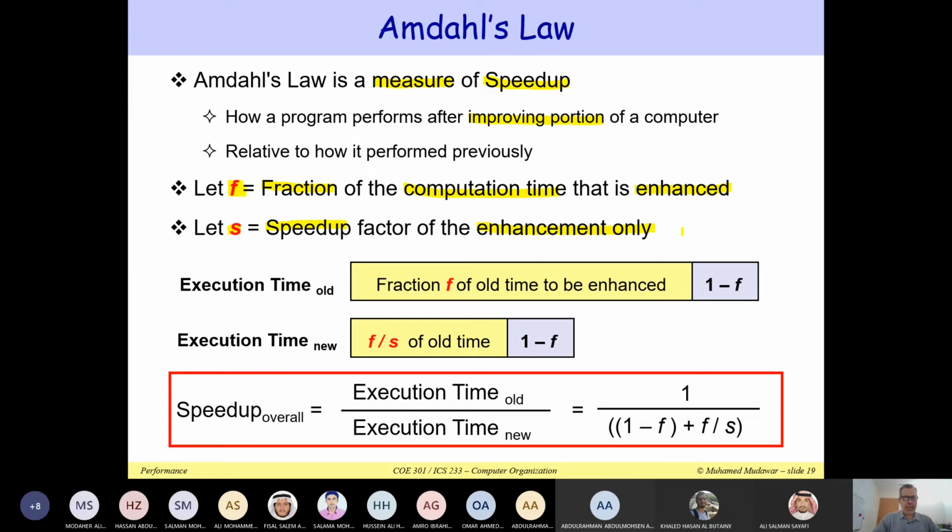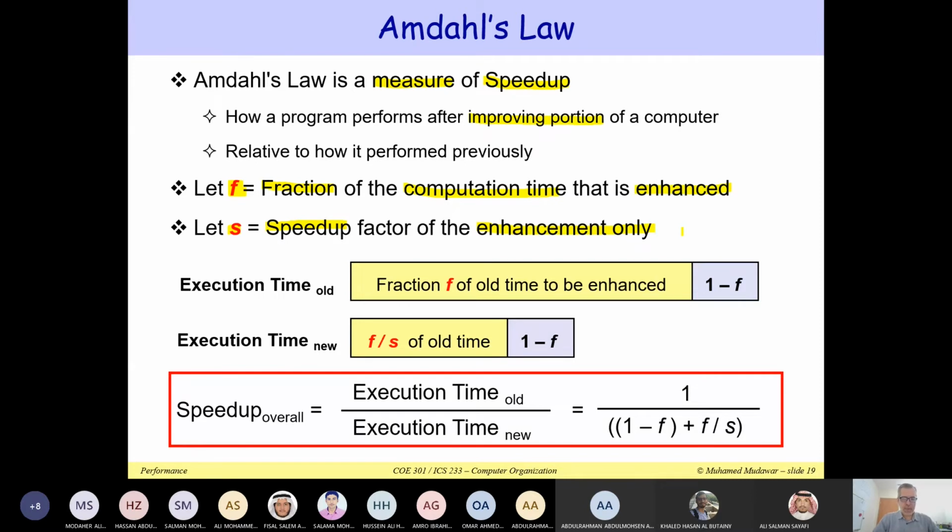Every multiplication takes many cycles to execute. They decided to improve the multiplier, using a much better circuit that can do multiplication much faster than the old circuit.